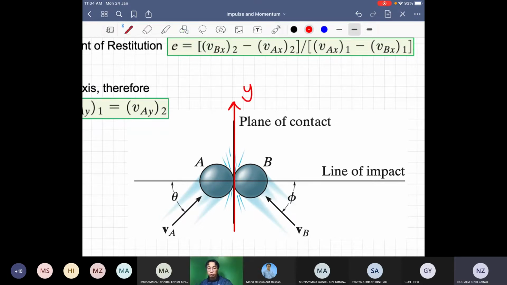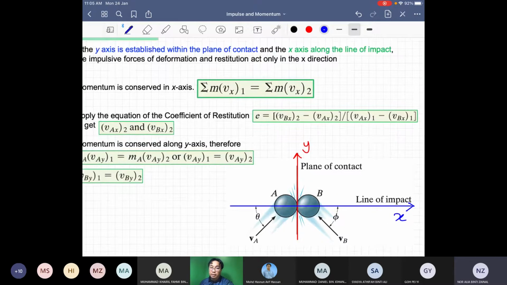Bila masa you jumpa soalan je, kita terus define y-axis along the plane of contact, and the line of impact will be x-axis. So this line kita akan jadikan dia sebagai x-axis. Okay, so that is the first step.